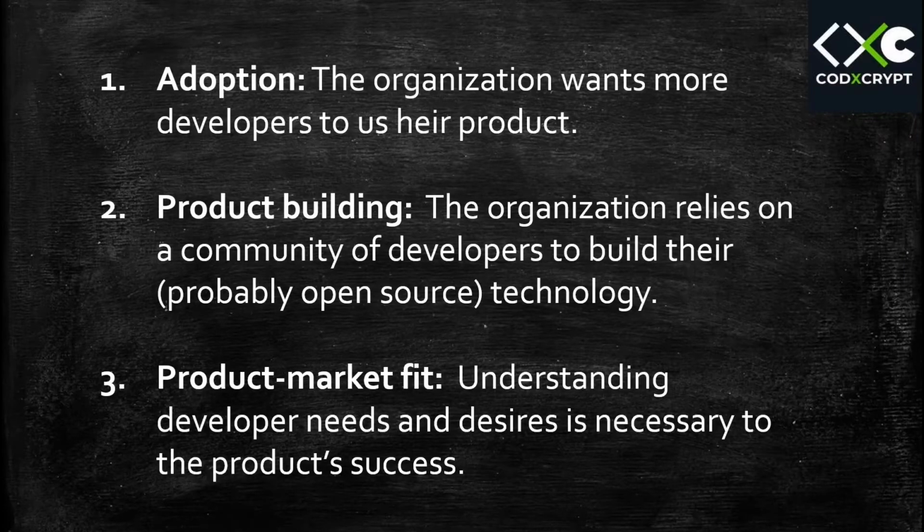The organization relies on a community of developers to build up their technology. Most of the time it's open source because it's open for everyone. Number three is product market fit. When the company understands the developers' needs and desires, then the company alters its product so that it can cater to them, which in turn would determine how successful the product is.